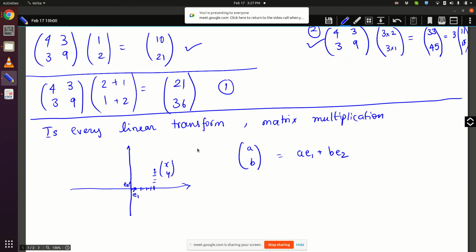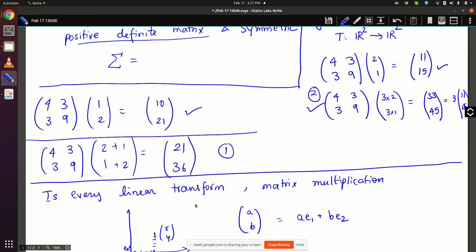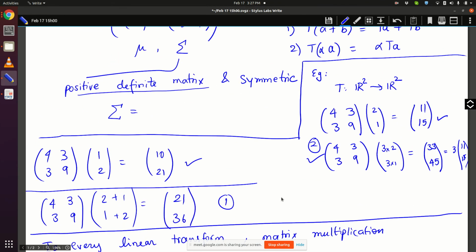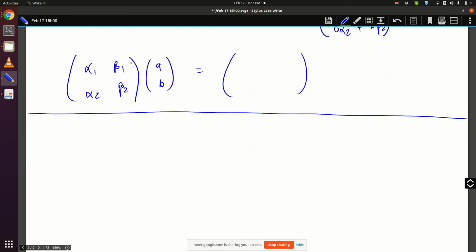So this is the idea: linear transform and matrix multiplication are one and the same. That is the reason why matrix multiplication is so complex. If I take T1, a linear transform, and T2, another linear transform, and I compose them, that is how you get matrix multiplication.